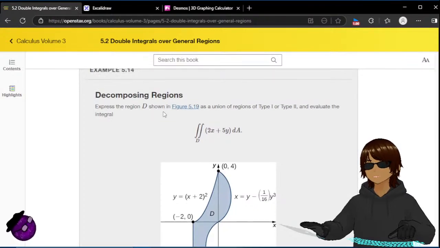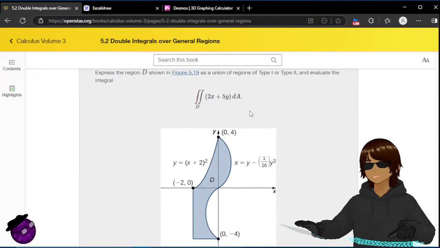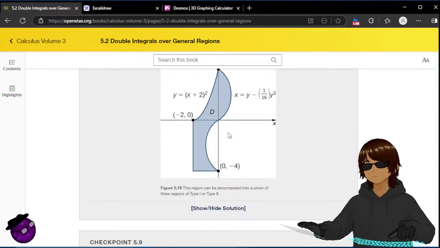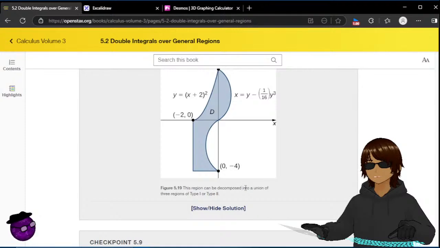Express the region D shown in figure 5.19 as a union of regions of type 1 or type 2 and evaluate the integral. So this region can be decomposed into a union of three regions of type 1 and type 2.